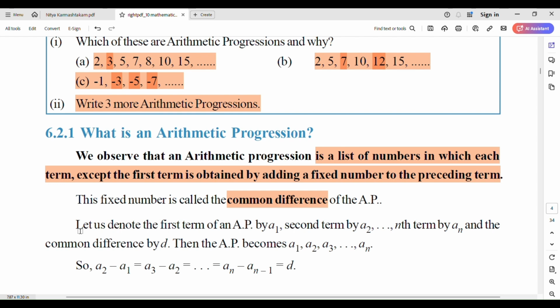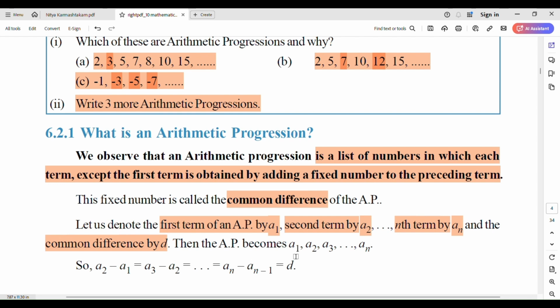So let us denote the first term of an arithmetic progression by a1, the second term by a2, and the nth term by an. Then the common difference is denoted by d.